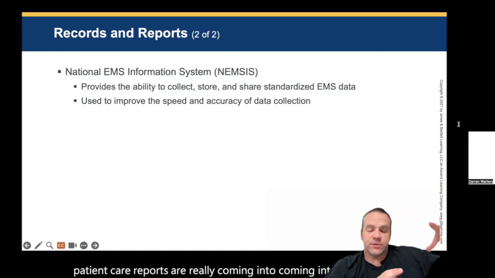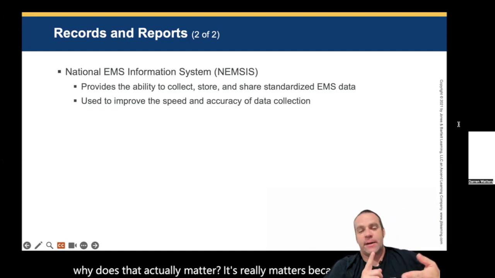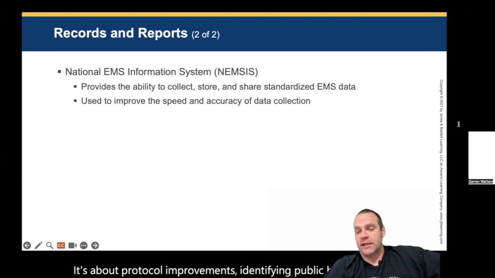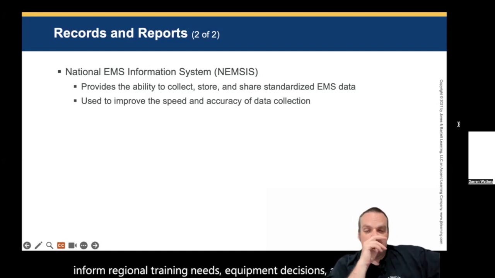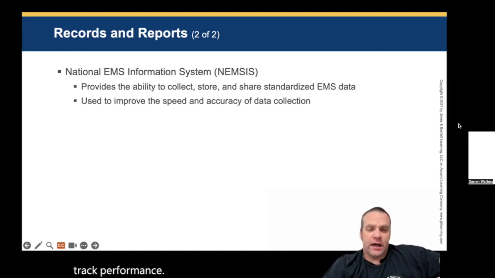Your reports contribute to research on EMS practices, protocol improvements, identifying public health trends, and quality assurance benchmarking. Your documentation helps inform regional training needs, equipment decisions, and in some cases, policy changes. It also allows agencies and regulators to track performance, patient outcomes, and safety concerns.